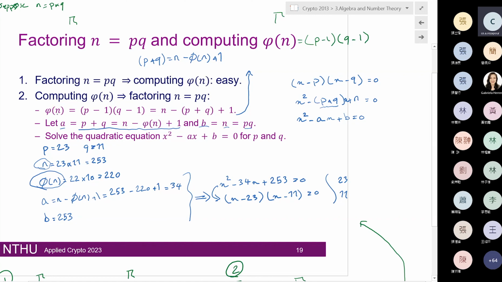But rewriting this equation for phi n, I know that p plus q is equal to n minus phi n plus 1. I know n, I know phi n, and this is just 1. So given phi n and n, I can compute p plus q, right? Then I can just replace them into this equation and solve it to get the primes p and q.